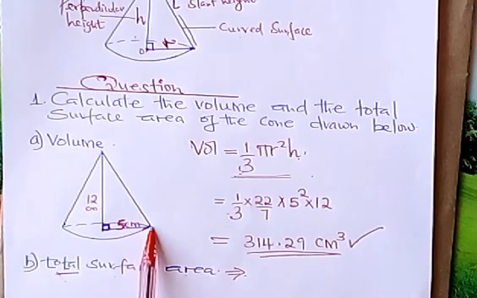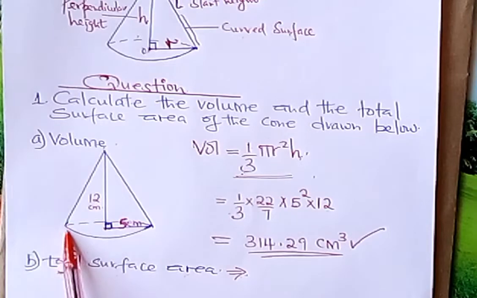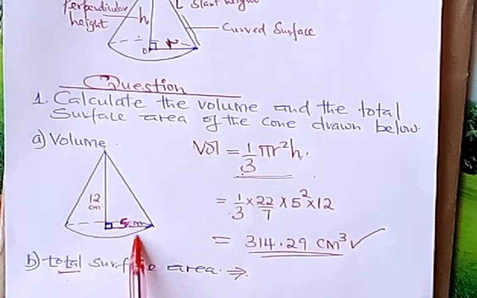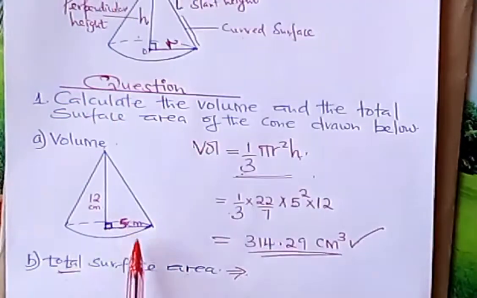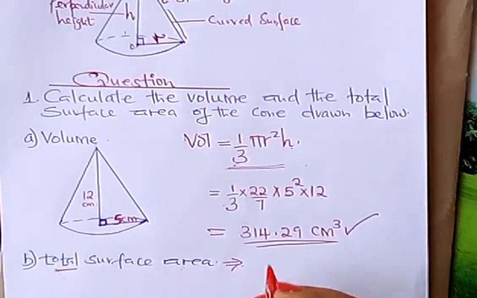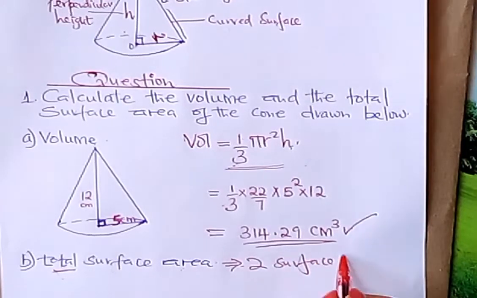Just like we have said at the beginning, this cone is made up of a bottom circle and the curved surface. So this cone has two surfaces.